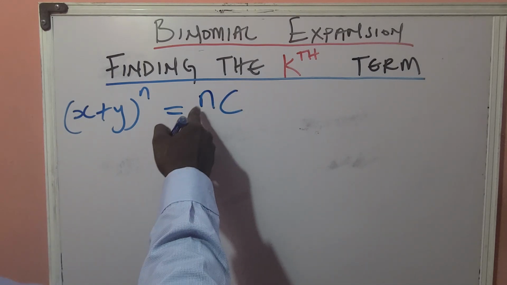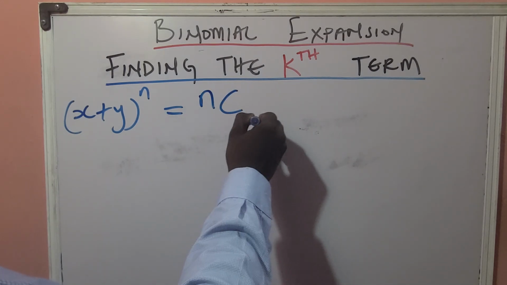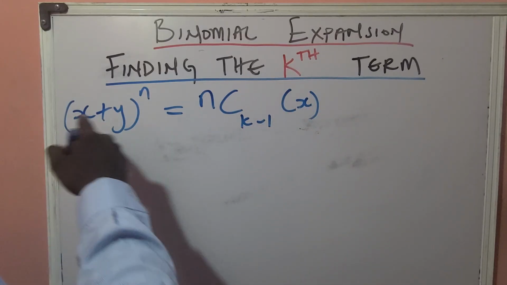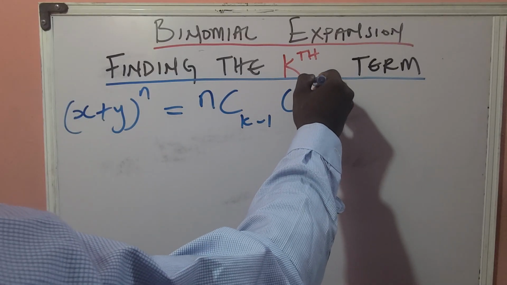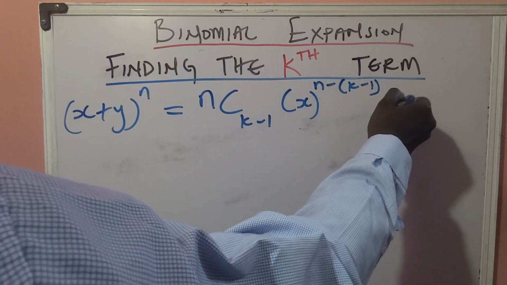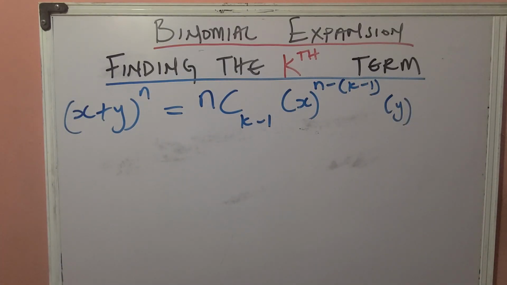You'll be having n combination k minus 1, x, that's the first variable, raised to power n minus (k minus 1), then y raised to the power of k minus 1.